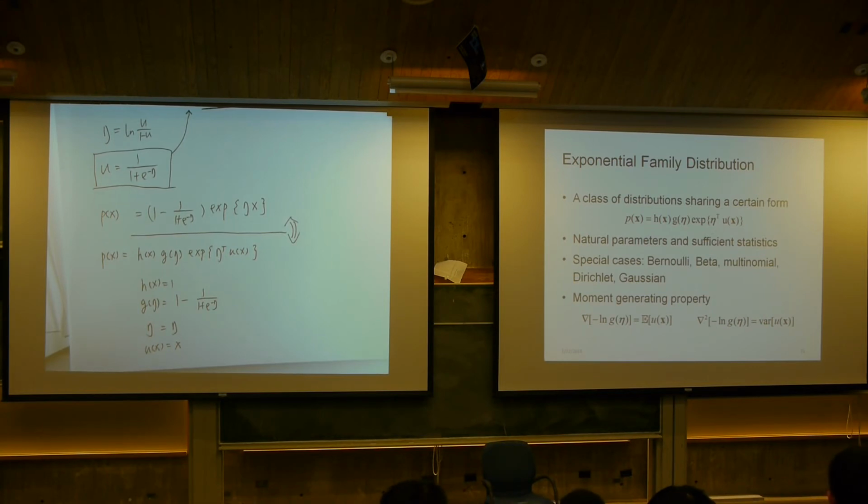So this says that the Bernoulli distribution is a special case of the exponential family. And you can do similar things for all other distributions.